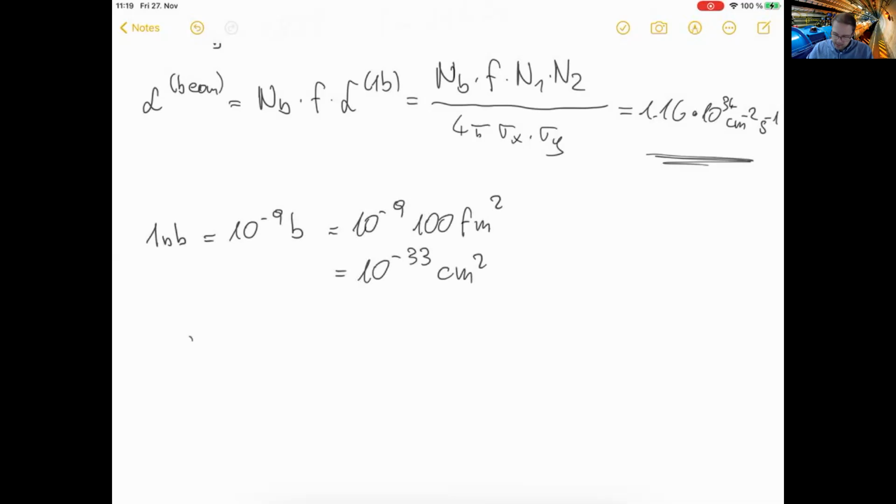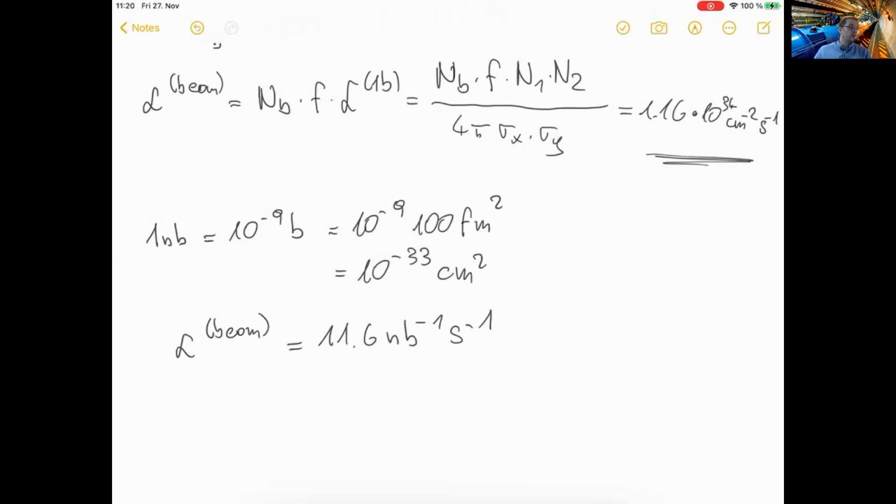That means the LHC beam luminosity is very roughly 11.6 inverse nanobarn per second. This is the rate we accumulate data with. This rate has to be multiplied with the physical cross-section of a given process to arrive at the event rate of that process.